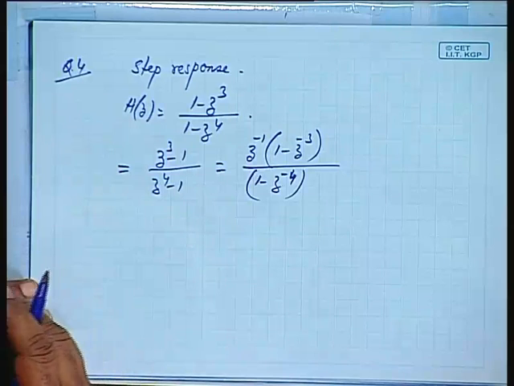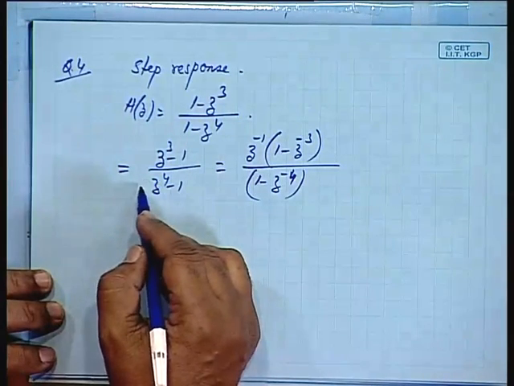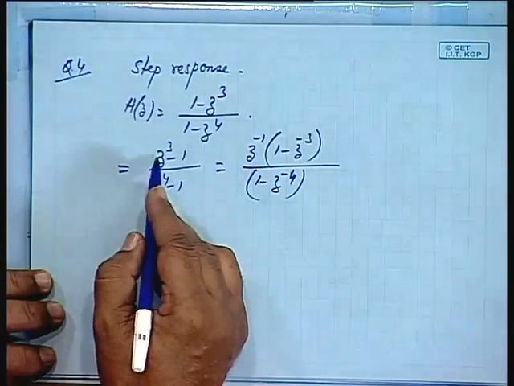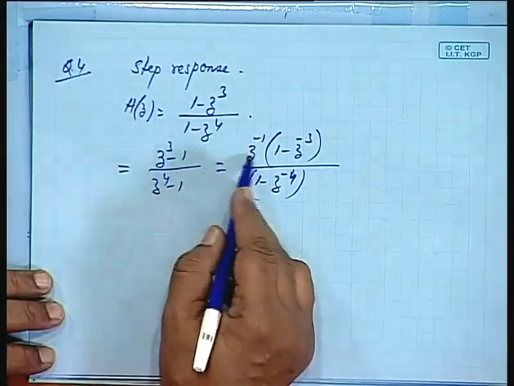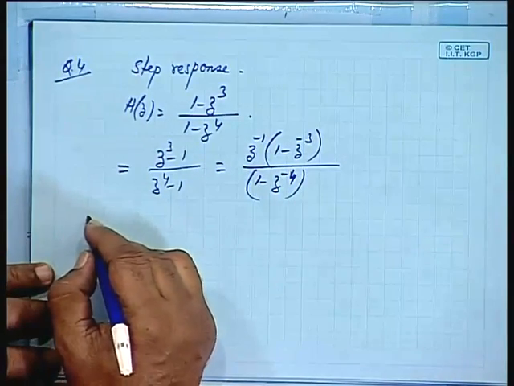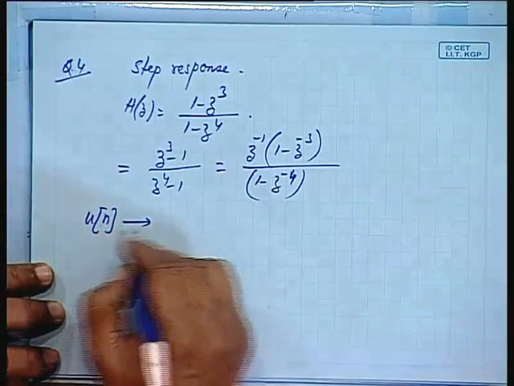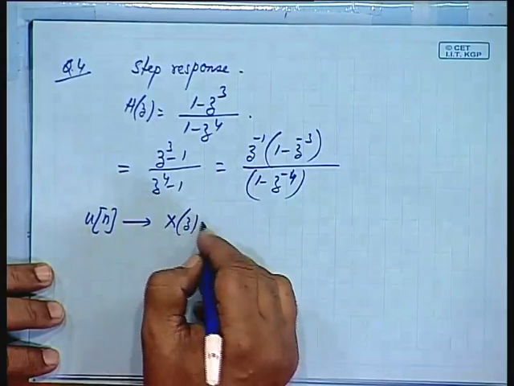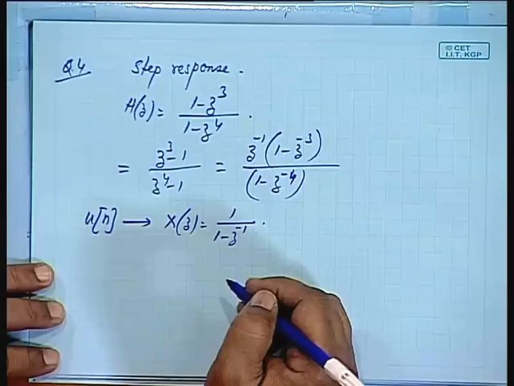Correct me if I am wrong, is that all right? I have just taken z to the power 4 common here, z to the power 3 common here, and so that becomes z to the power minus 1 and this. Therefore, what would be the input if it is u n corresponding x z is 1 by 1 minus z inverse, is that all right?